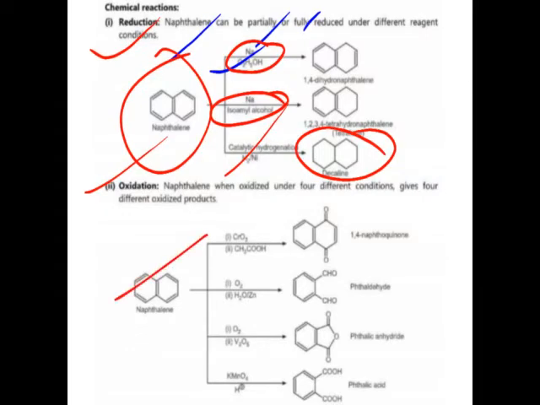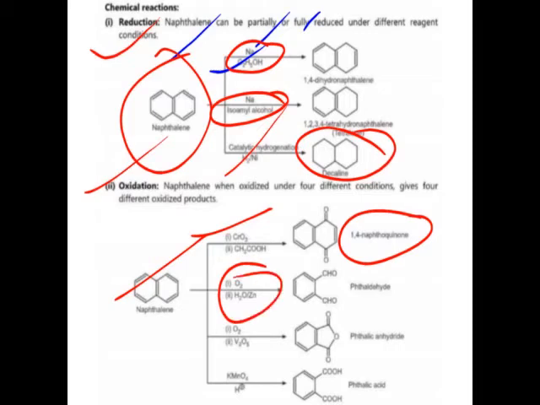So in case of naphthalene, if the oxidizing agent is chromium oxide and acetic acid, we get the product 1,4-naphthoquinone. If we use the reagent oxygen, water molecule and zinc, we get phthalaldehyde.